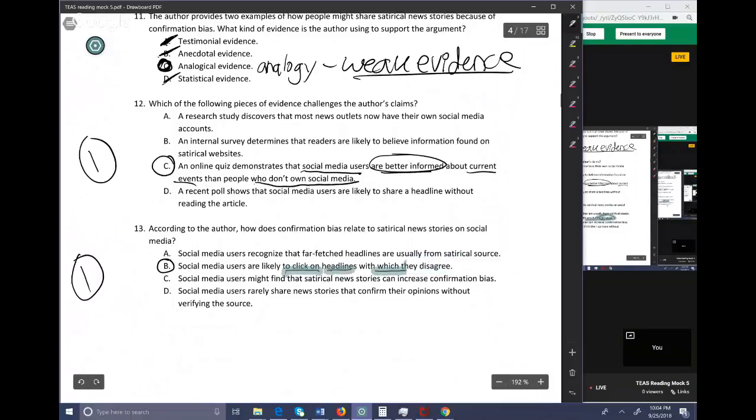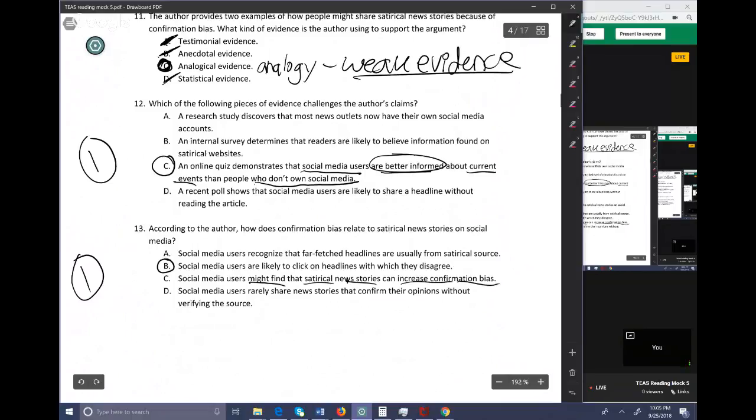Social media users recognize that far-fetched headlines are usually from satirical sources. That's actually the opposite of what the author's trying to say. He's trying to say that they don't typically recognize that. They typically don't recognize it, and instead they share it without recognizing what they're doing. Social media users might find that satirical news stories can increase confirmation bias.